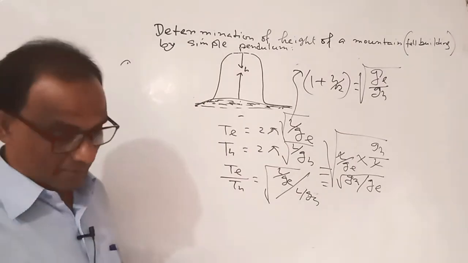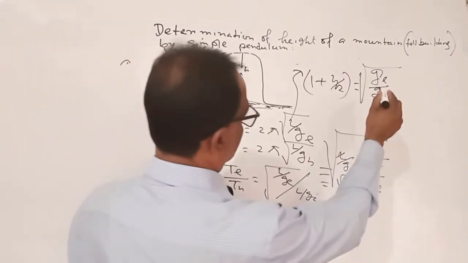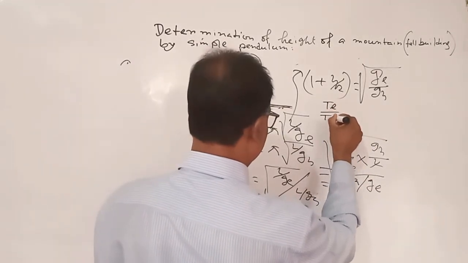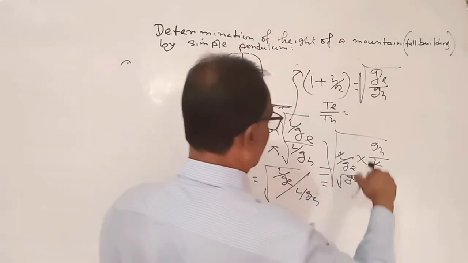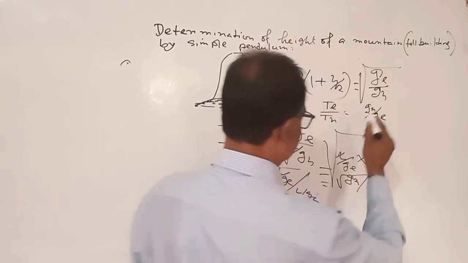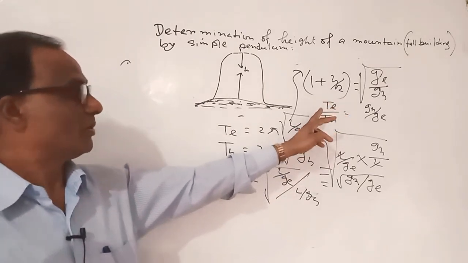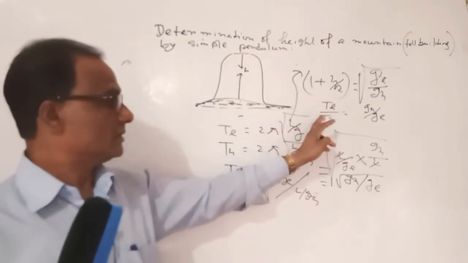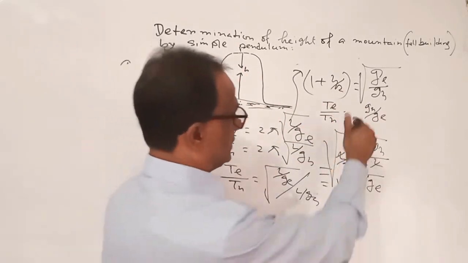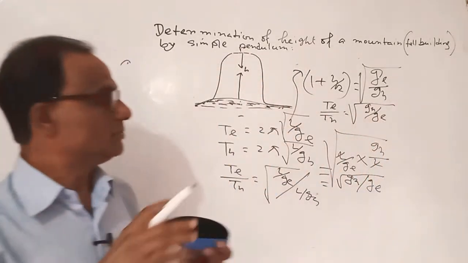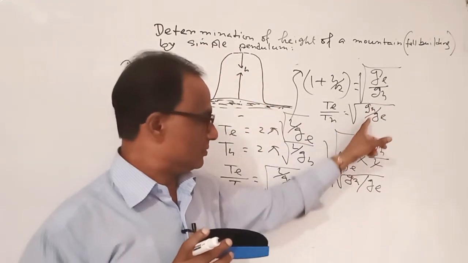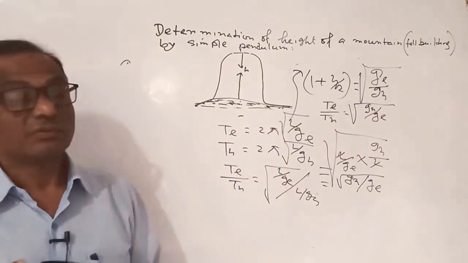So we will have the ratio Te by Th equal to root of Gh by Ge, that is the time period of the simple pendulum on the earth and the time period of the simple pendulum on the hill is equal to the root of the acceleration due to gravity on the hill to the acceleration due to gravity on the earth.